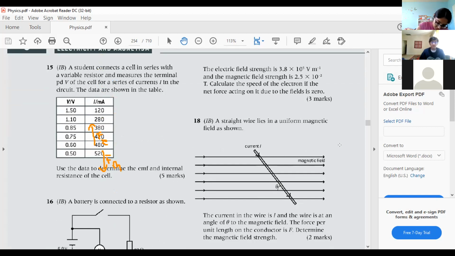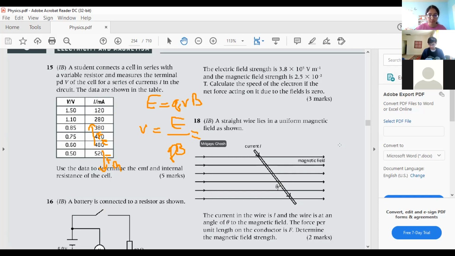So the electric force equals the magnetic force, which is QVB. We're solving for V, not B. We know what B is. So V will equal E over B. And now we can just plug all of these in.